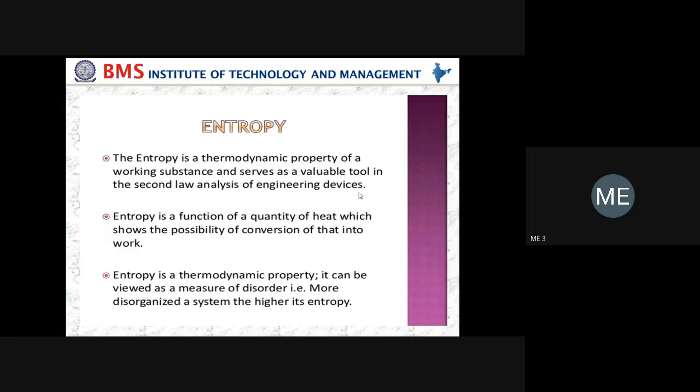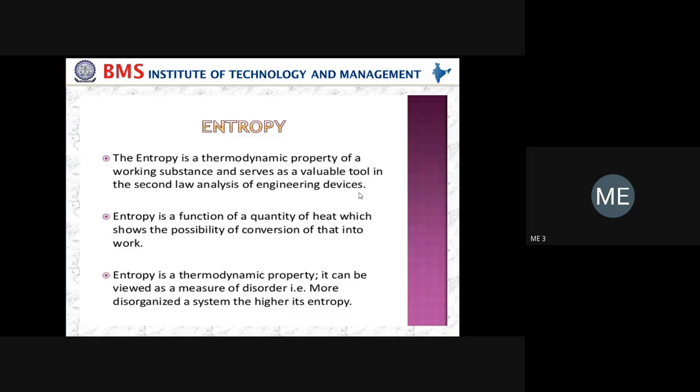As you add heat to the system, the entropy of the system increases. And whenever you remove heat from the system, the entropy of the system decreases.